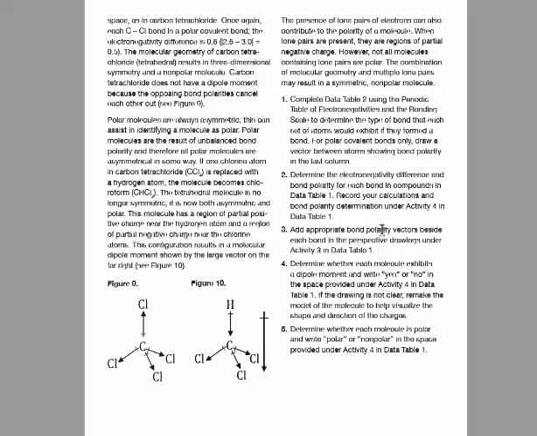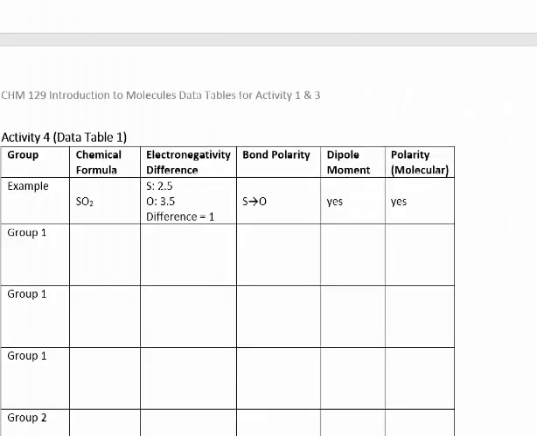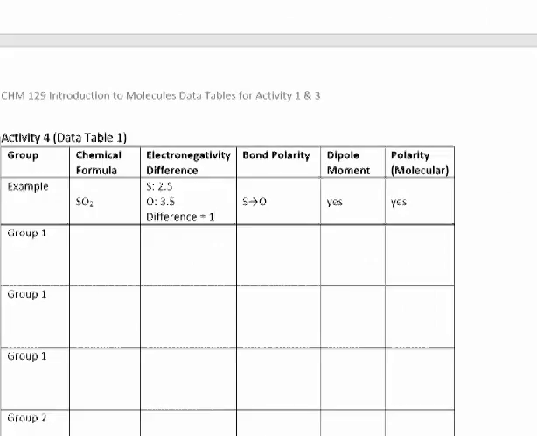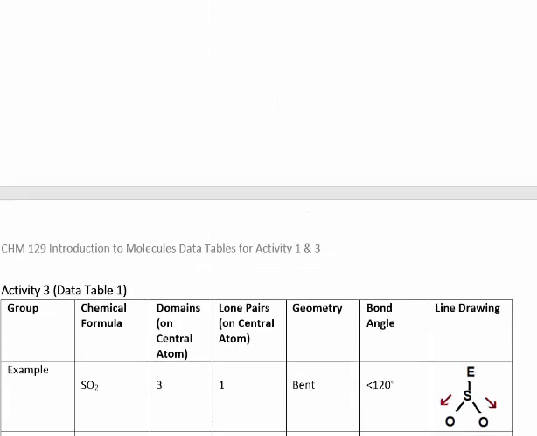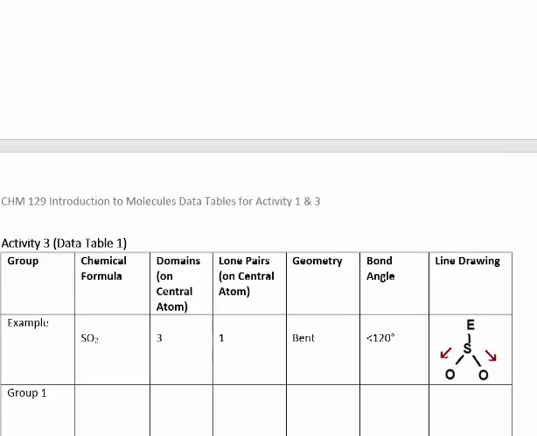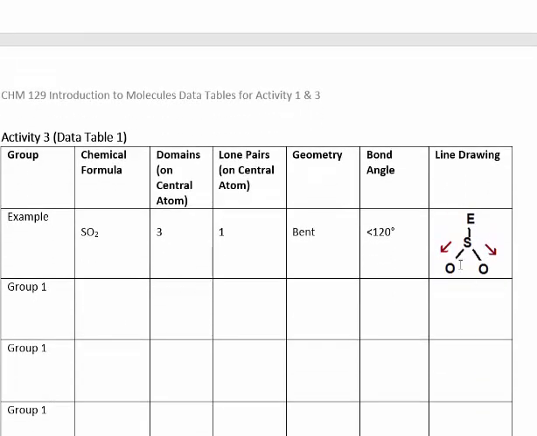3. Add appropriate bond polarity vectors beside each bond in the perspective drawings under activity 3 in data table 1. So let's go back to activity 3, data table 1. Here we are. And there are line drawings, and here's the perspective drawing for sulfur dioxide. Again, it's in a plane, so there are no wedges or hatches. And in black is the line drawing. Again, E is the lone pair.